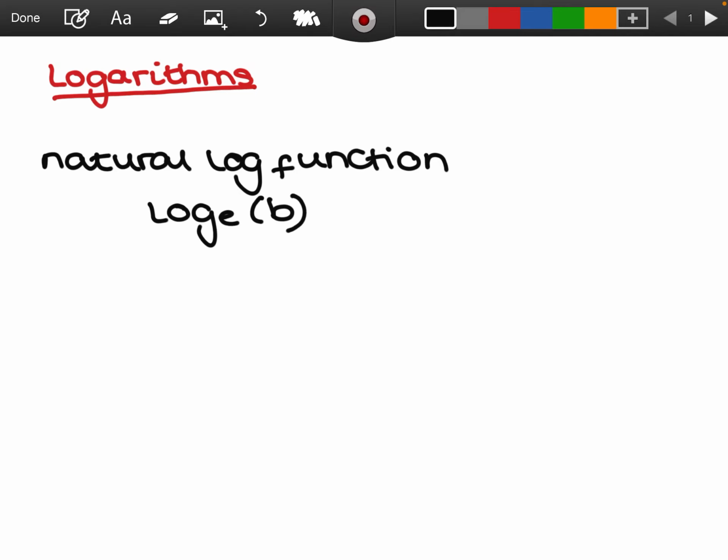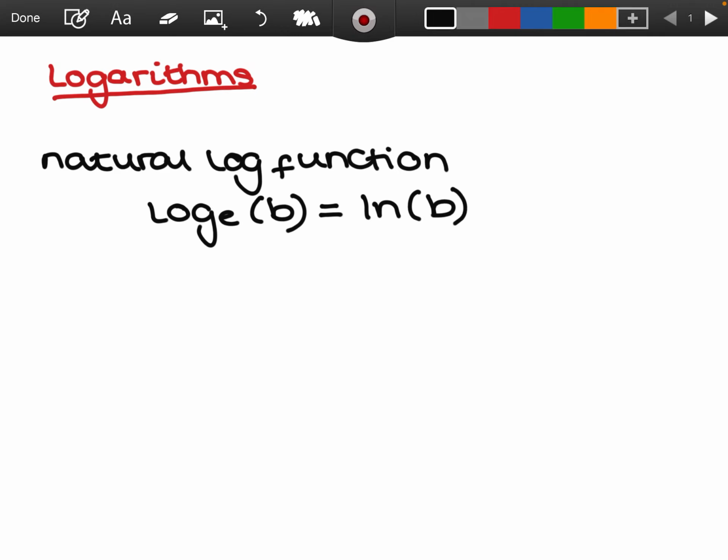And you find that the exponential that has that base e is actually the inverse function to this natural logarithm function. We actually tend to use a shorthand for a log base e, and that is ln for natural logarithm. So ln is what we actually use for the natural log functions. Whenever you see ln, it just means log base e, and then that argument is whatever number b that you have.